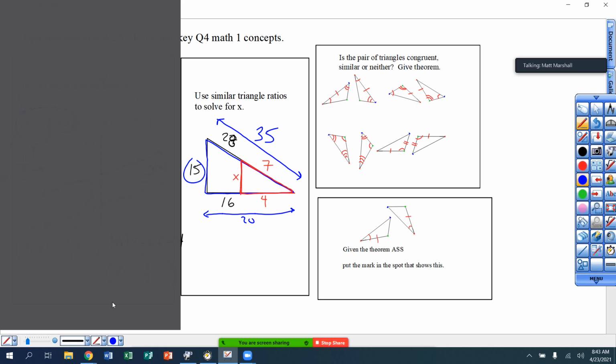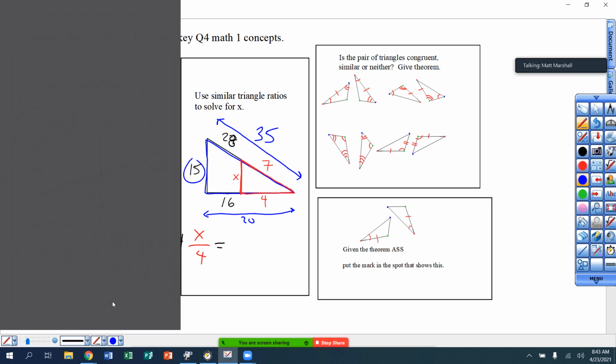And now what you're doing is, to find that X, setting up the first ratio, and maybe, keep it easy. The little side over the base of the little. And then make the big daddy numbers match up. But no, you had to find that 20 and 35 yourself. We're not writing those numbers on paper.